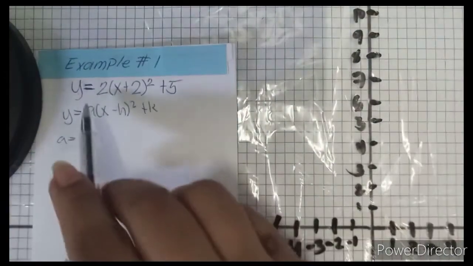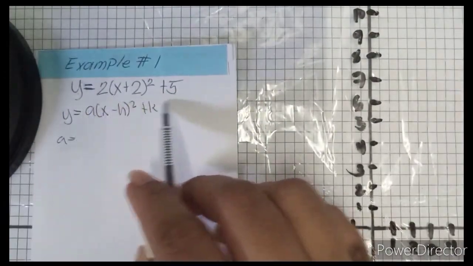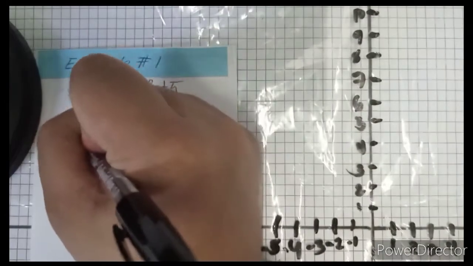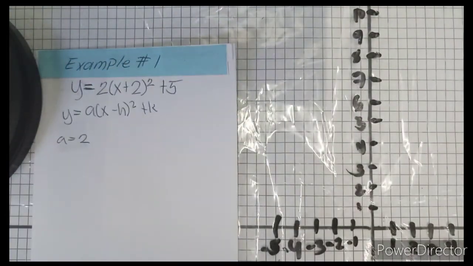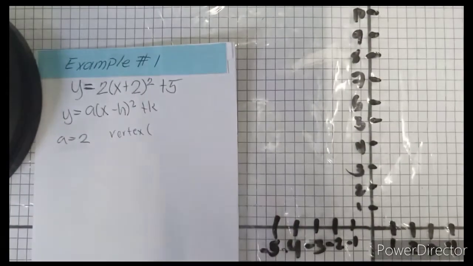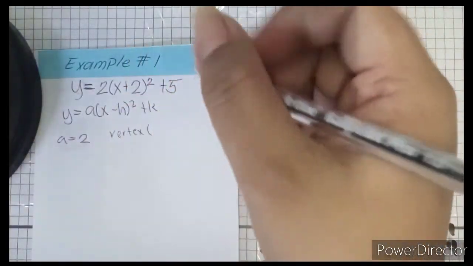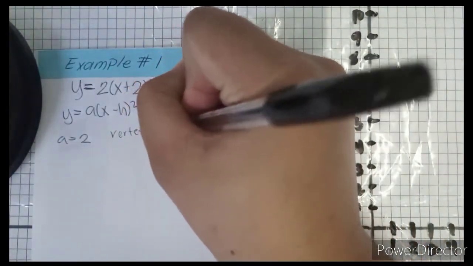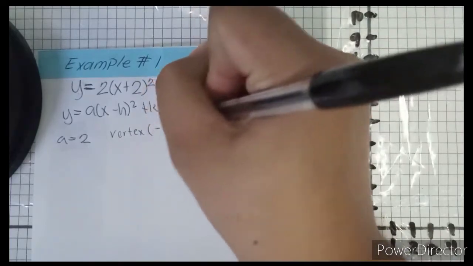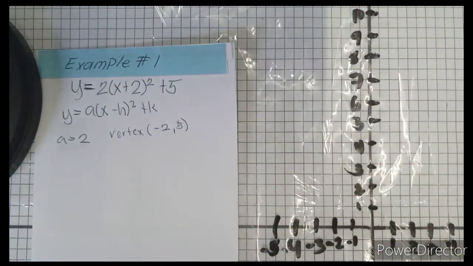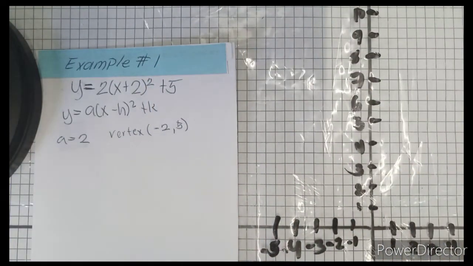Yung a natin for this equation is 2, positive 2. And our h and k, which is our vertex, from positive 2, pag nilabas mo siya, magiging negative 2. Then, positive 5. Since we already have the vertex, let's plot the points dun sa ating graph.